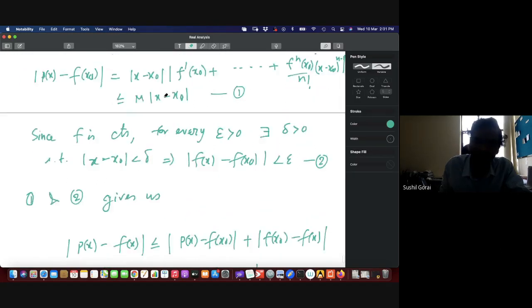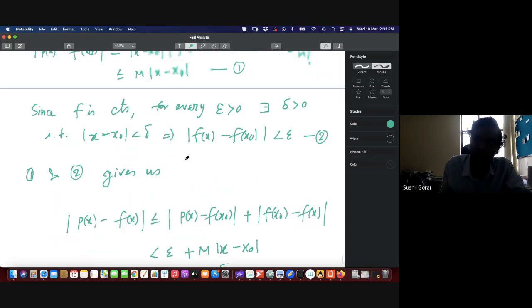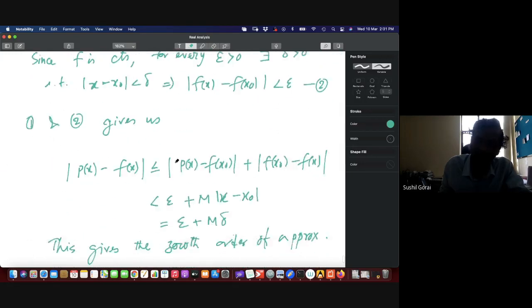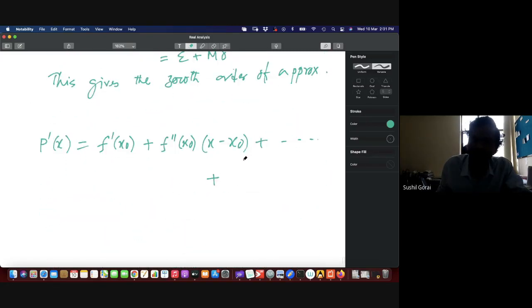So this is f prime x naught plus f double prime x naught times x minus x naught plus so on, plus f n x naught by n minus 1 factorial times x minus x naught power n minus 1, right?